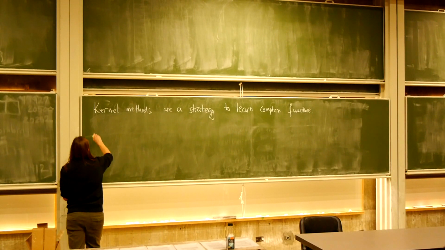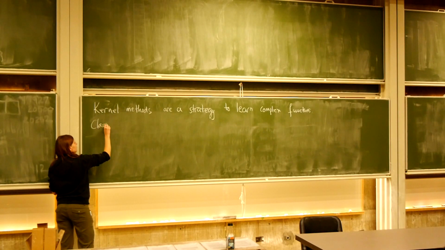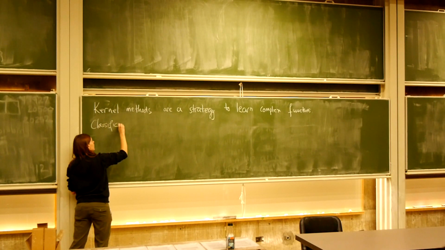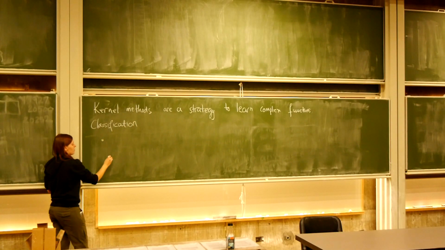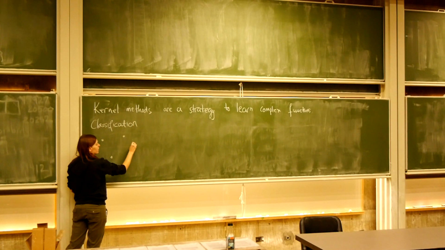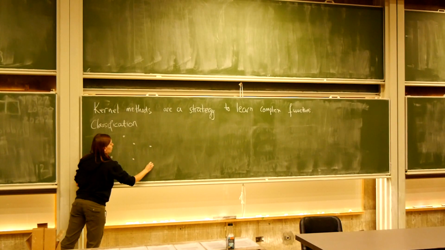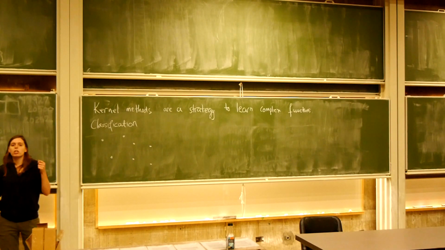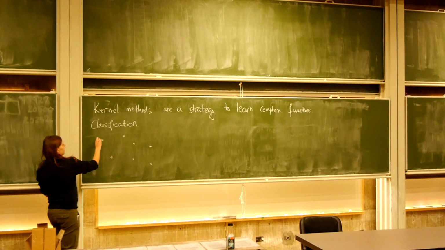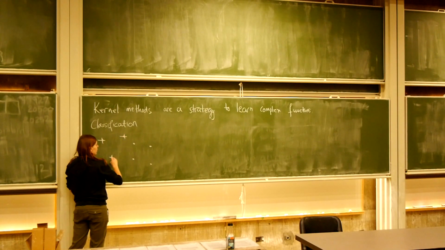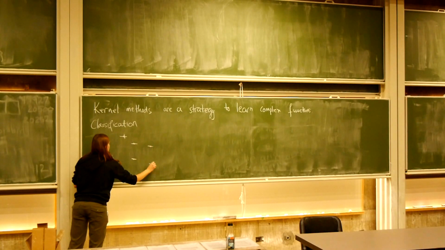So in the case of classification, we are given a bunch of data points. Let's assume that the data points are in 2D for now. And the function you're trying to learn is a labeling function. A function that tells you that some of these points are pluses and some of these points are minuses.